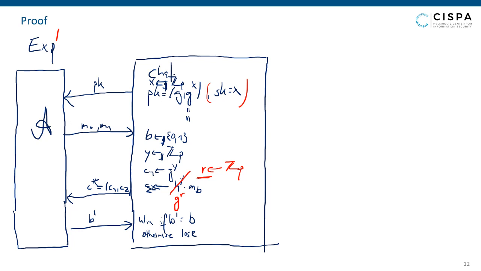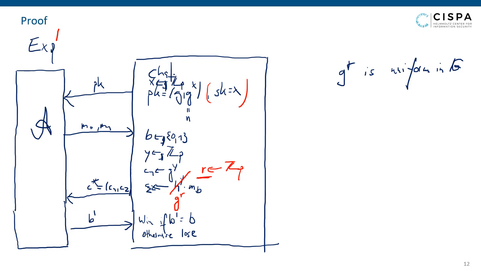So that means G to the R is uniform in the group G. But that really just means that this ciphertext C ast now just consists of two uniformly random group elements, or just using the security of the one-time pad in arbitrary finite groups, we can immediately argue that the winning probability of A in this modified experiment X prime is exactly 1/2, since the one-time pad is perfectly secure.